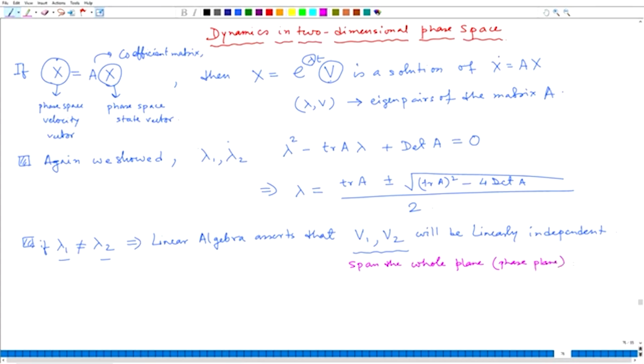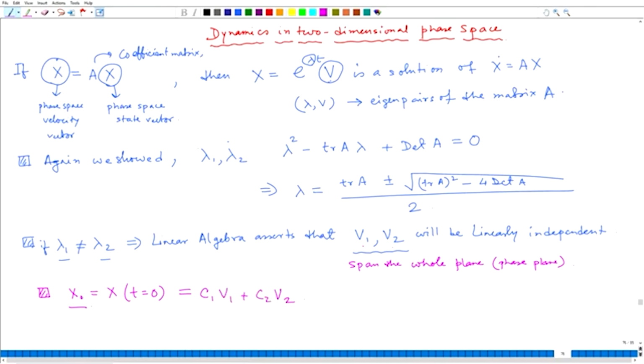You can now just think of the initial vector x0, which has no dependence on time. So, x0 is nothing but x at t is equal to 0. Then this is just a constant vector, and that can then be expressed as a linear combination of v1 and v2 with constant coefficients. So, c1 v1 plus c2 v2.